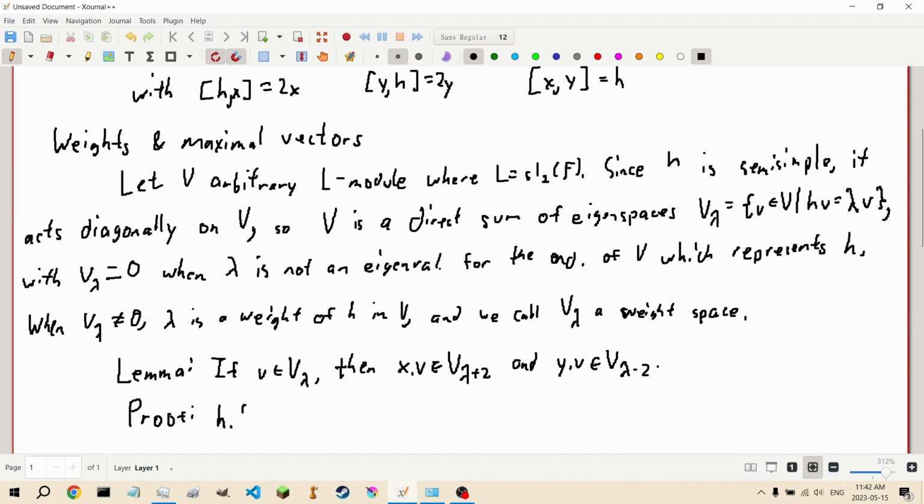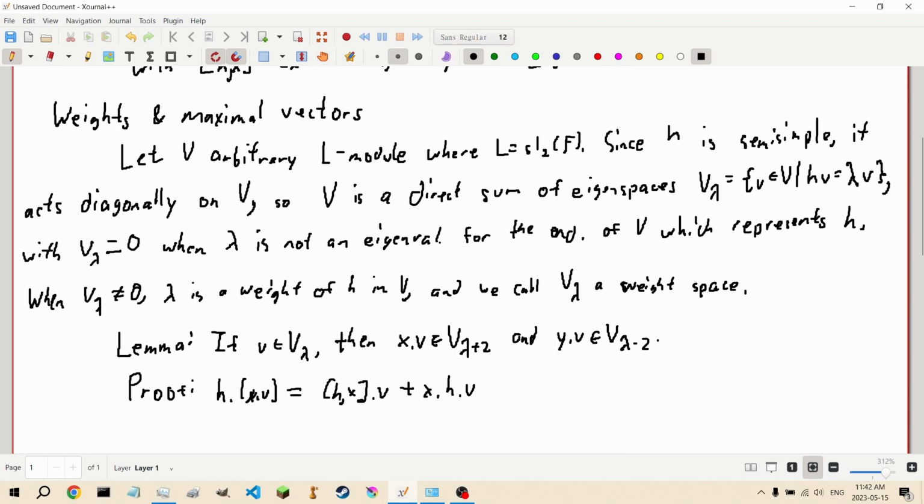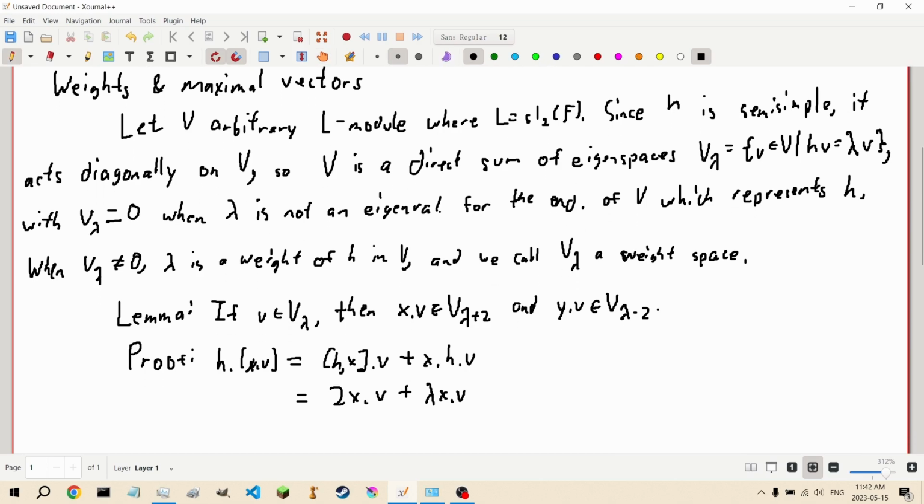H on this X of v: H of X of v is just equal to the bracket of H and X on v plus X on H of v, which, since the bracket of H on X is 2X acting on v, plus H on v giving us lambda, we can bring that out to the front and get lambda X v plus 2 X v.